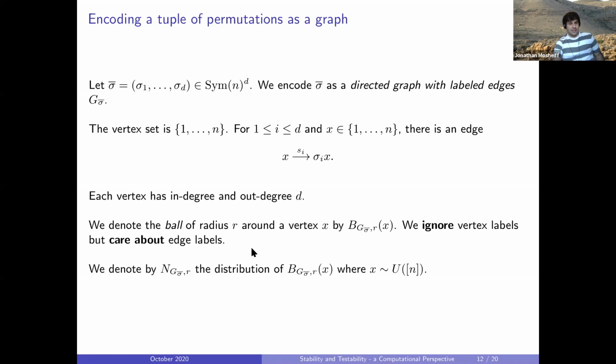So N_G,r is the distribution over all the isomorphism classes of edge-labeled graphs of radius r, a number exponential in r. And this distribution is exactly the distribution of which isomorphism class I get when I sample a ball centered on some specific x. Okay. So are there any questions so far? This would be a good place if anything is not clear.